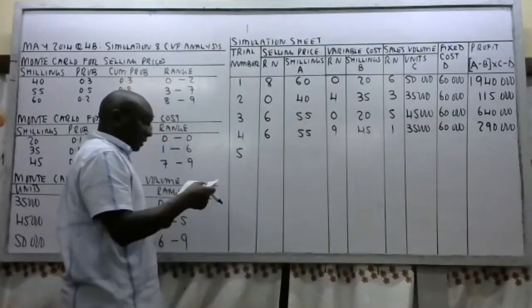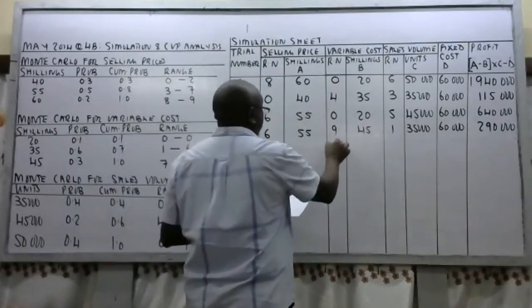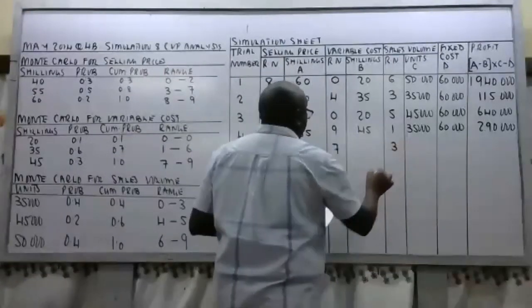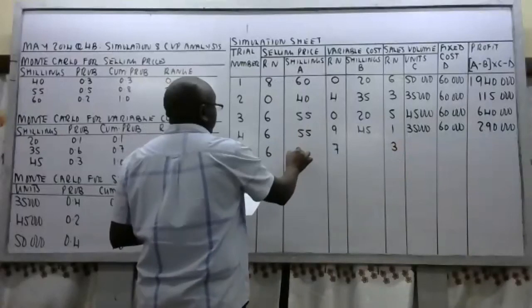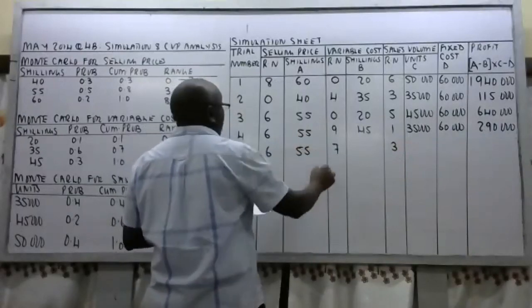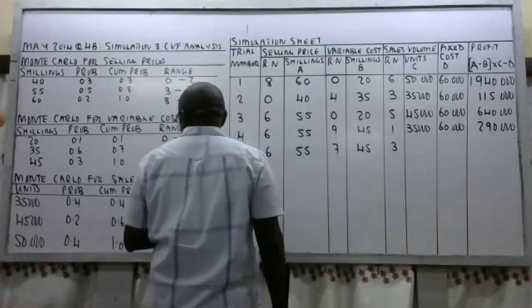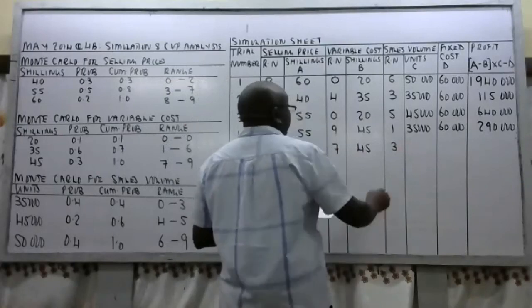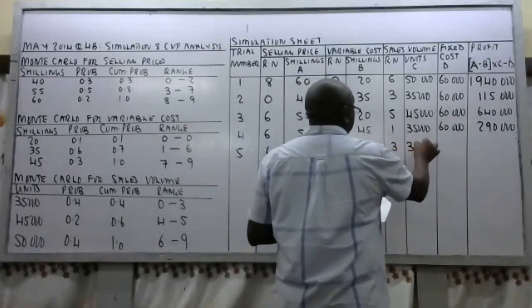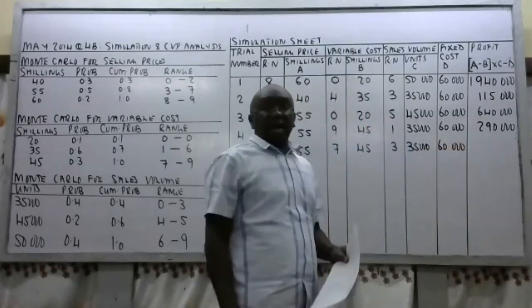Number 5, after 691, I have 673. So 6 again gives us 55. 7 is giving us 45. And 3 is giving us 35,000, so that the fixed cost is 60,000.